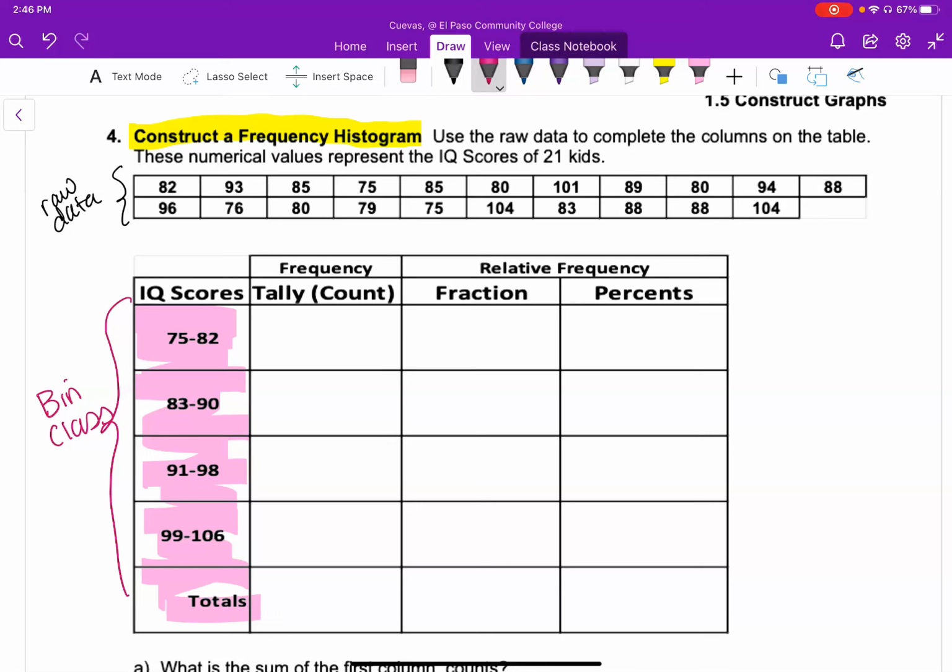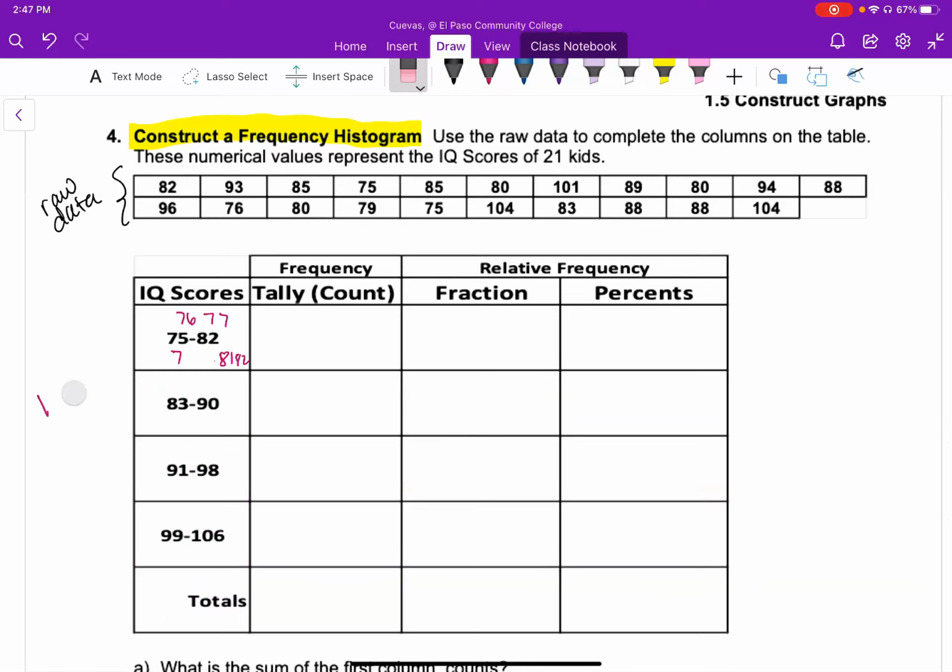It is a box, right? You can picture it like a box, and it has certain values in it. This box has the 75 value in it, 76, 77, 78, 79, 80, 81, 82. That's what's in this box.